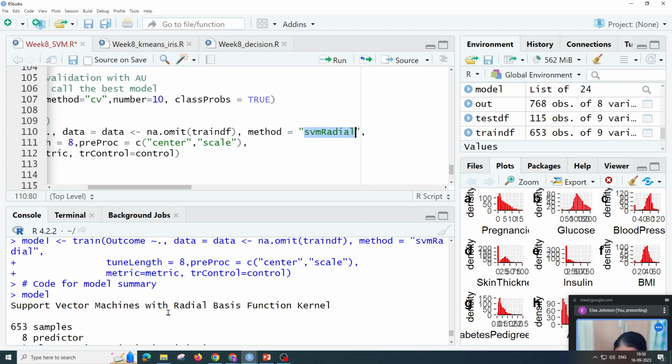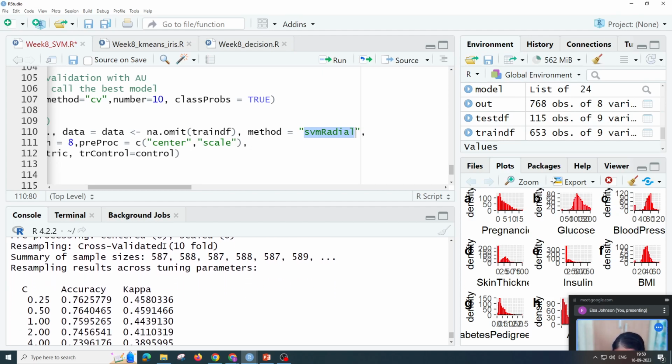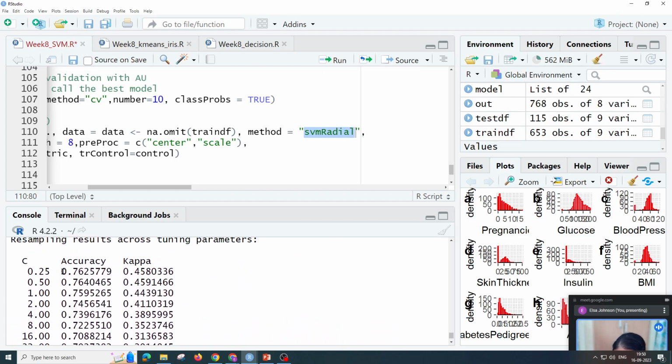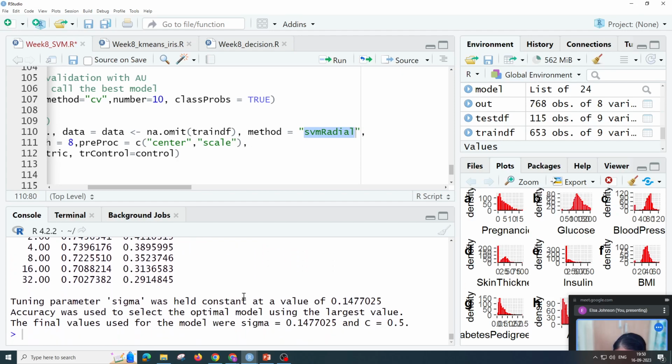Since I have used an 85% train set, this many samples are present with 8 predictors and 2 classes. Then all the summary values for the different folds, and then the final tuning parameters.